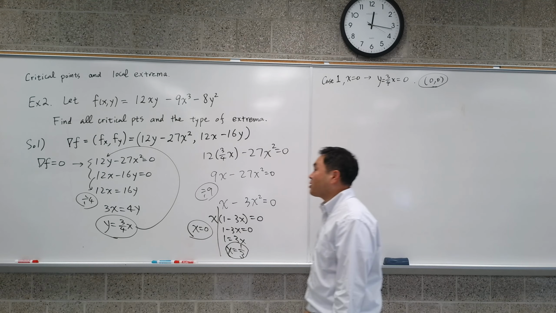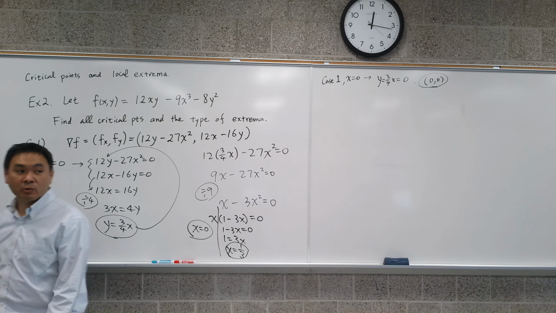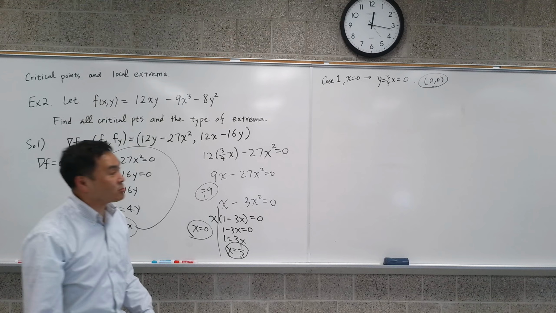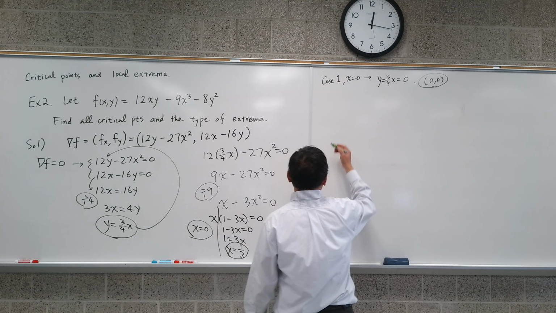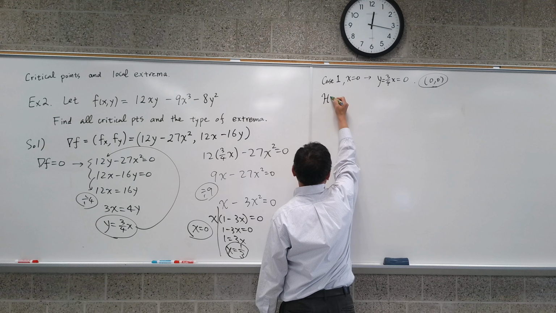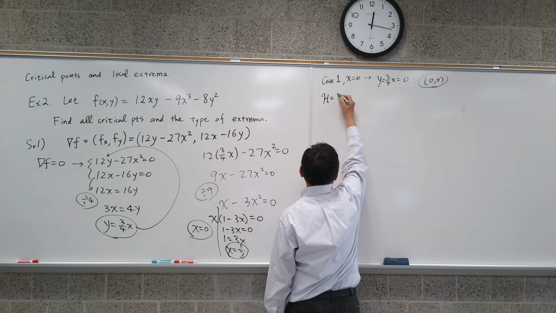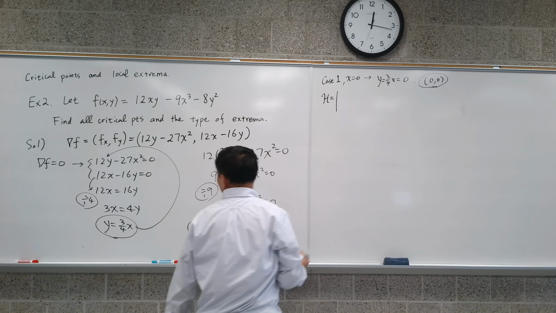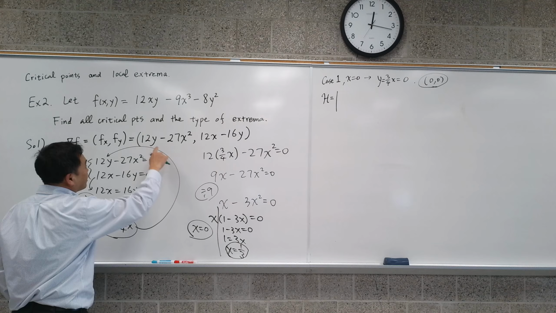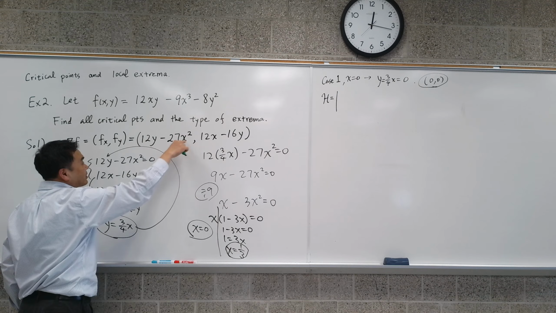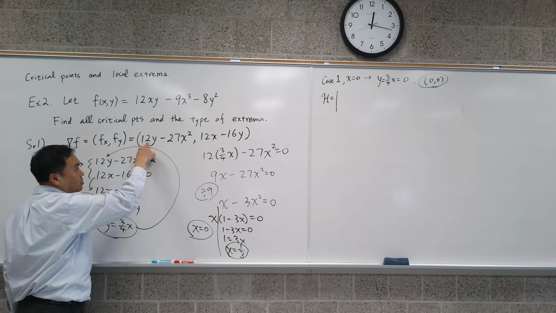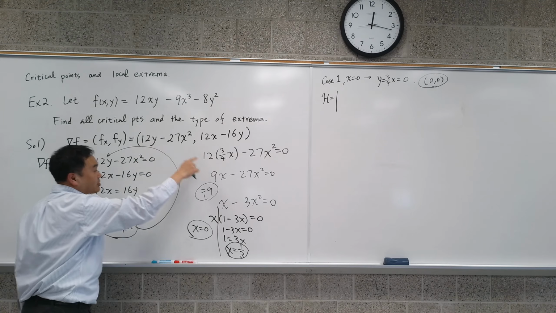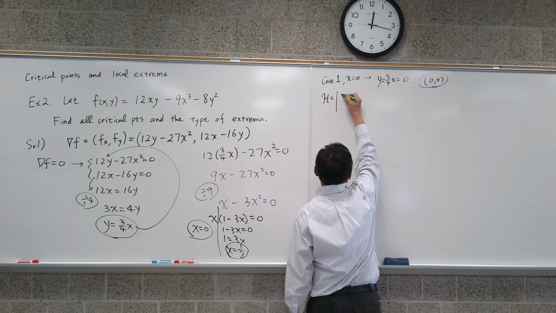Now we have to figure out whether we have a relative max or min or saddle at 0, 0. And to do that, we need to calculate the Hessian. Okay, so what's the Hessian? Well, I have to take this and differentiate by x. So if I differentiate this by x, you get 0. If I differentiate this by x, I get negative 54x.